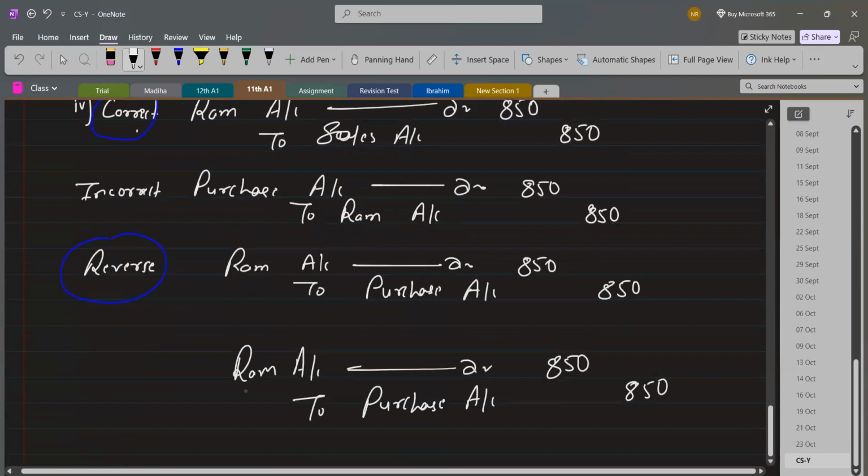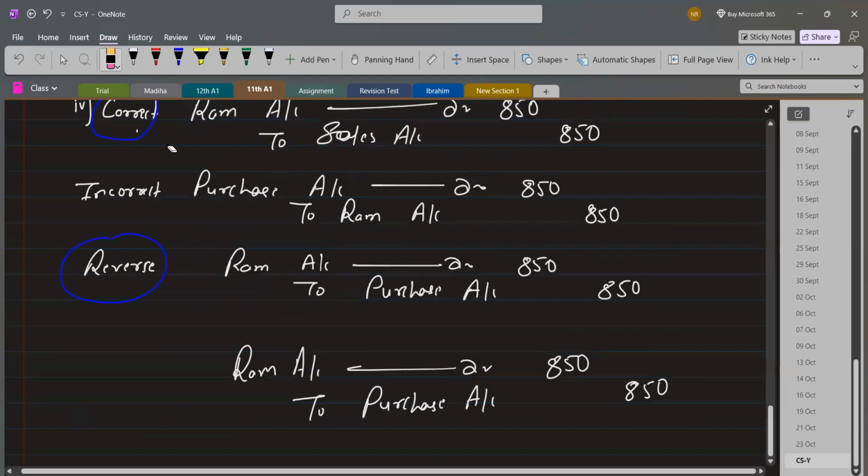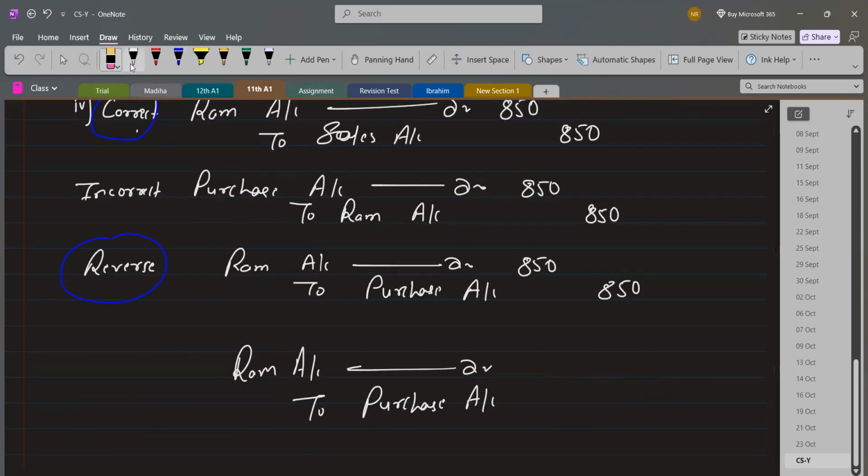So Ram account should be how much? 850 of this Ram account, 850 of this Ram account: 1,700.